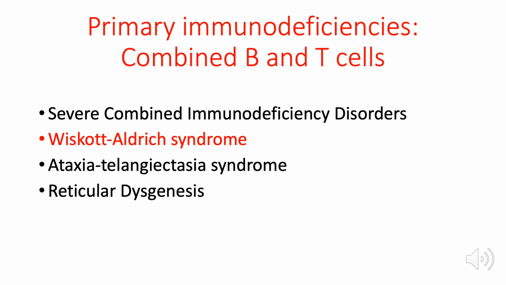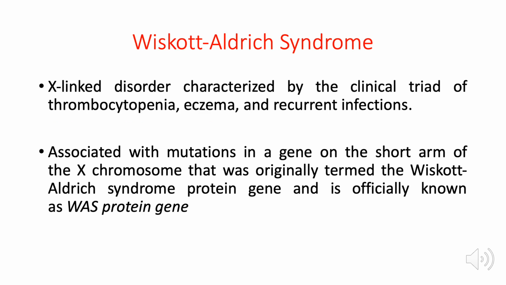Now, we'll go to Wiskott-Aldrich syndrome. Wiskott-Aldrich syndrome is another X-linked disorder similar to chronic granulomatous disease. You have the Bruton's X-linked agammaglobulinemia and the X-linked SCID. This particular disorder is characterized by a clinical triad, and I want you to memorize them by heart because most likely they will come out in your board exam review materials and even in the board exam. So you have thrombocytopenia or low platelet count.